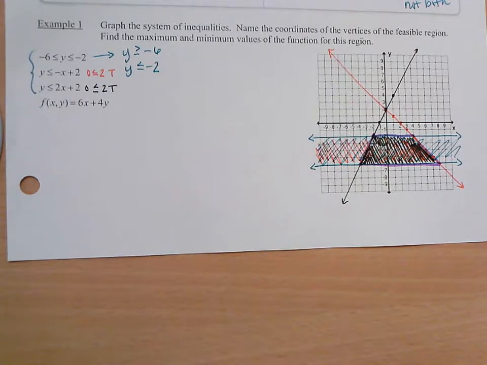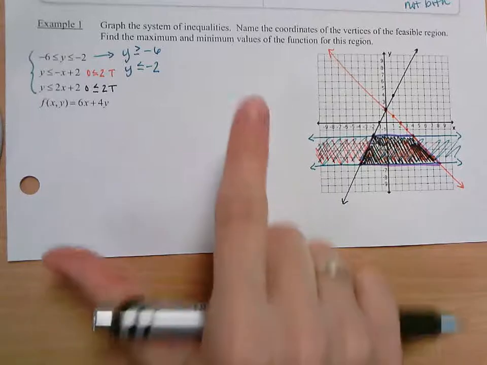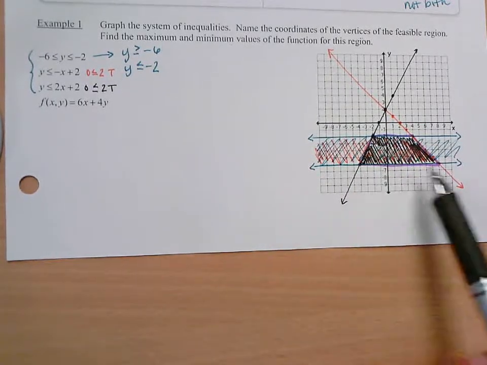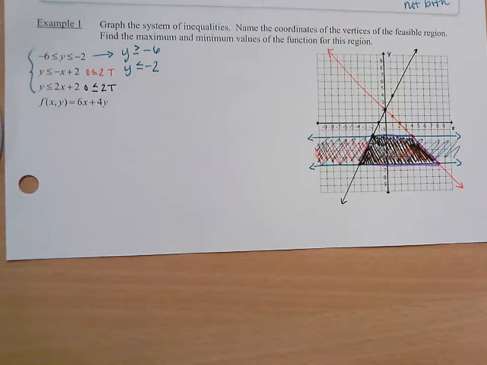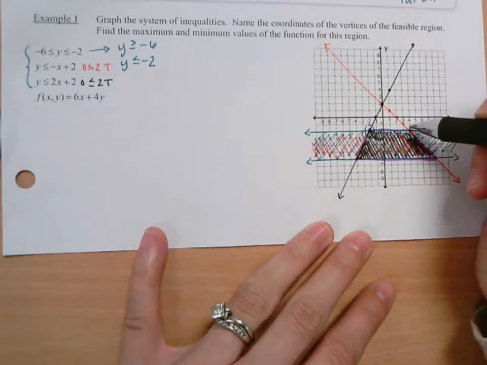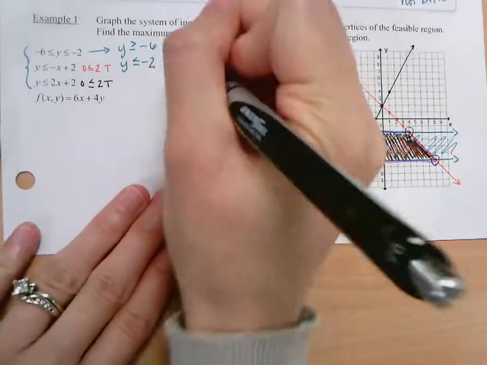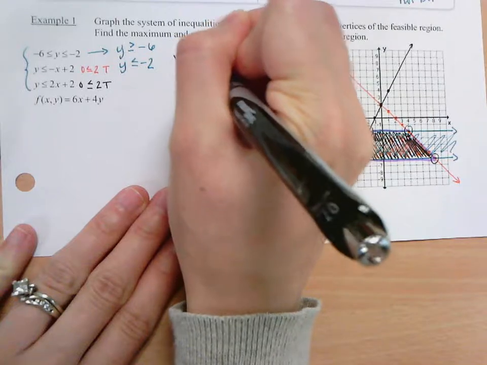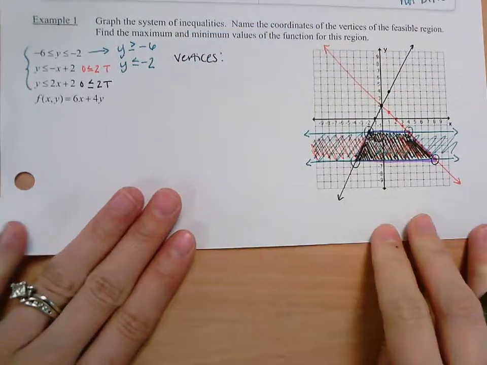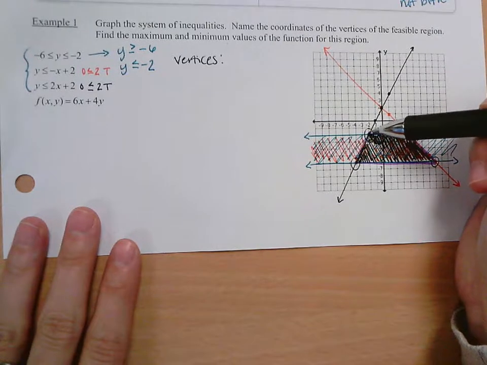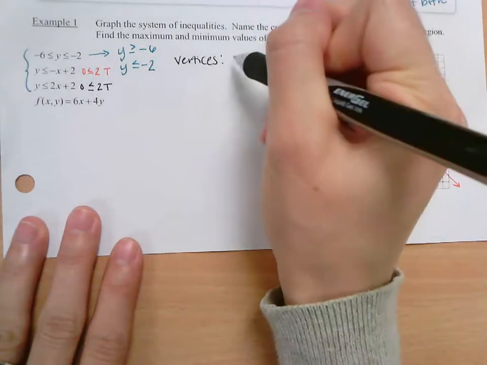All right, so once you have that, your next step is to find the coordinates that create your feasible region. So in this case, since I have a trapezoid, there's 4 vertices. And I need to name those points. So my vertices are, one of them is -2, -2.